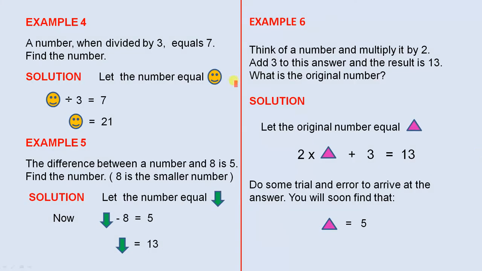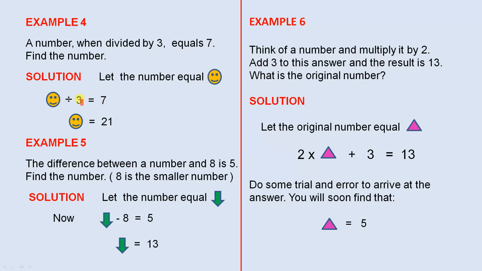Example 4. A number, when divided by 3, equals 7. Find the number. So let the number equal the smiley face. The smiley face divided by 3 equals 7. Basically you could look at it this way: 3 divided into what number gives you an answer of 7?